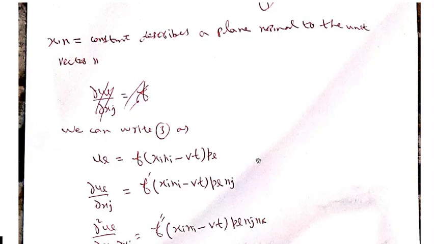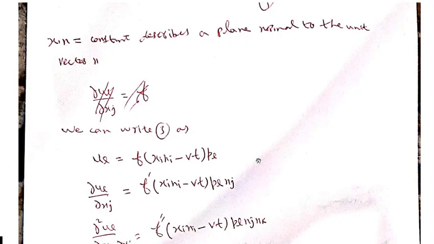Now you are using here the basics which you learned in your first lectures, I think lecture number 1, 2, 3, that delta ij n_i will give you n_j.